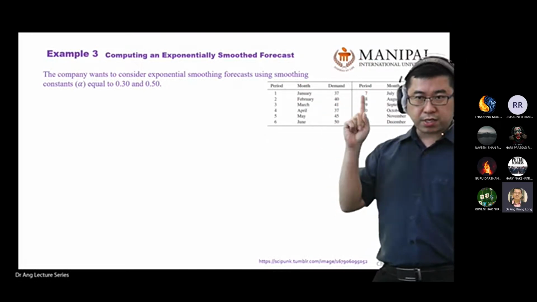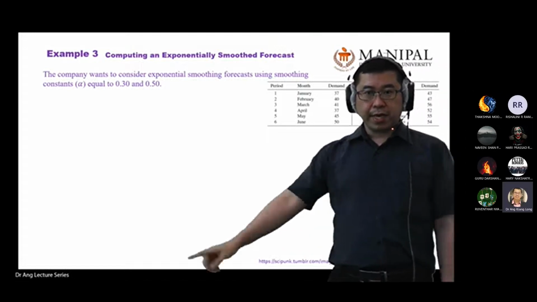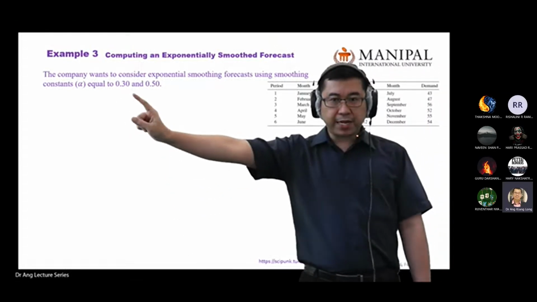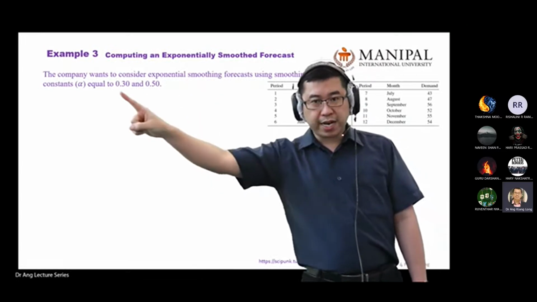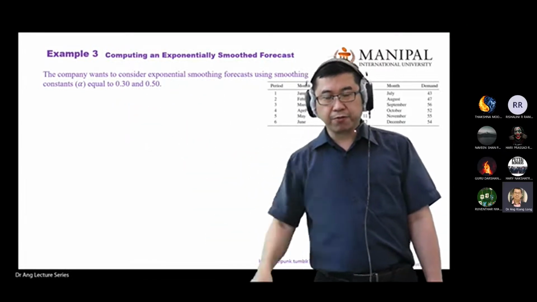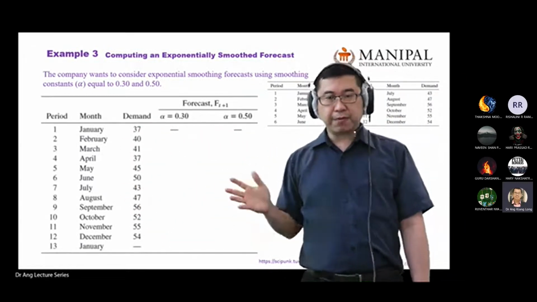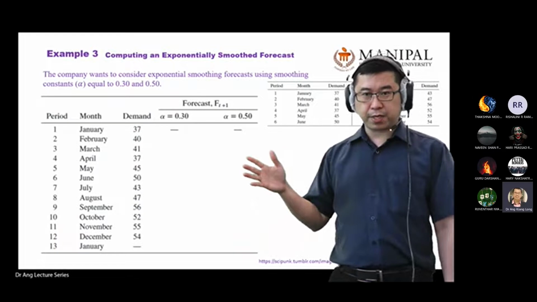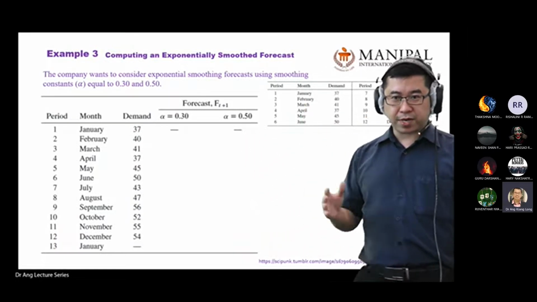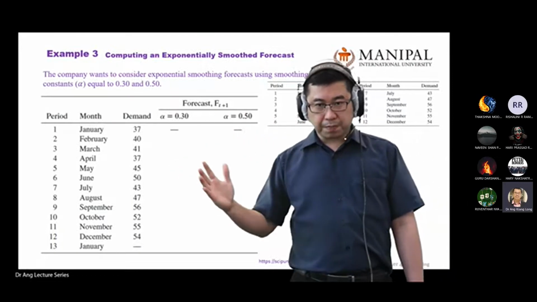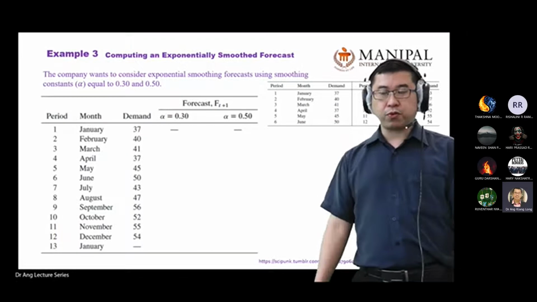This is just a reference for me to guide you through how to do the calculation. I also copied the alpha values the customer asked us to calculate. We have two scenarios to run, alpha 0.3 and alpha 0.5. You need a table like this. I believe in your tutorial handout I also gave you this table, because I prepared the tutorial quite long ago, so it helps you follow the lecture a bit faster.